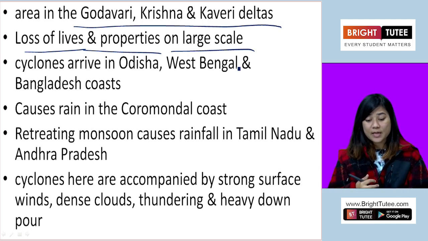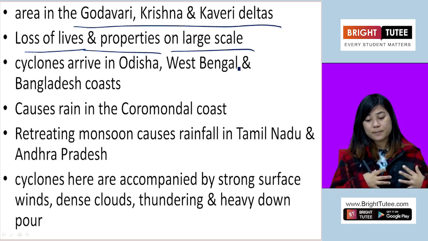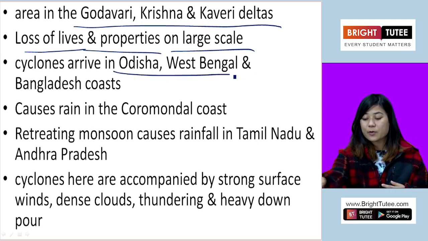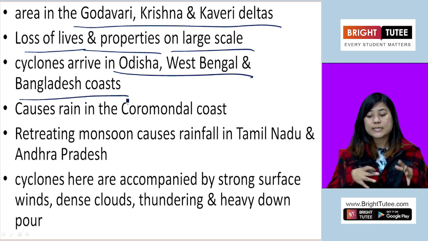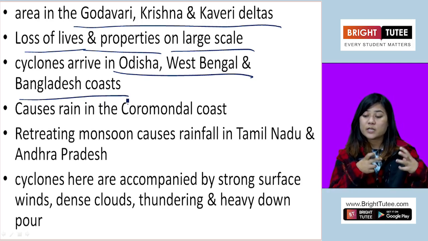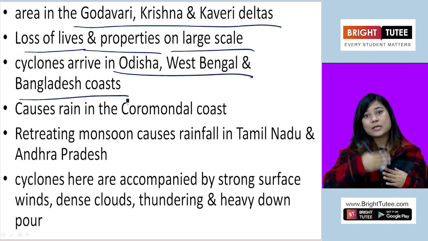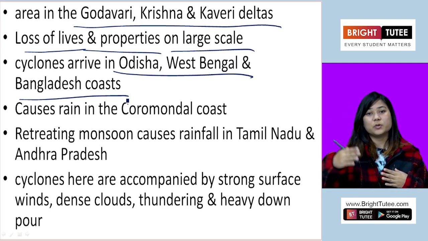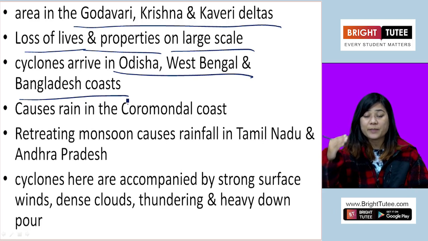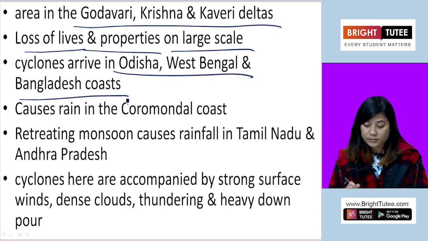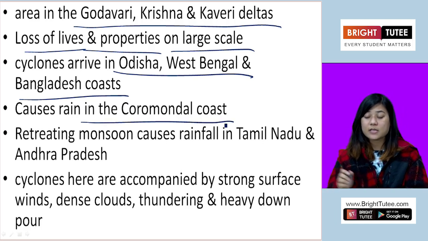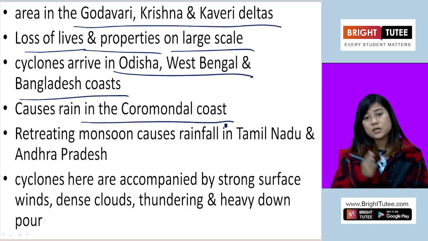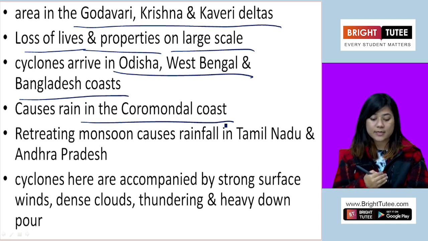And from the southern part, it slowly arrives at the Orissa, West Bengal and Bangladesh coasts. So earlier it is in the area of Godavari, Krishna and Kaveri, and then it moves northwards to Orissa, Bengal and Bangladesh. This also causes rain in the Coromandel coast, the southern part of the eastern Ghat area.